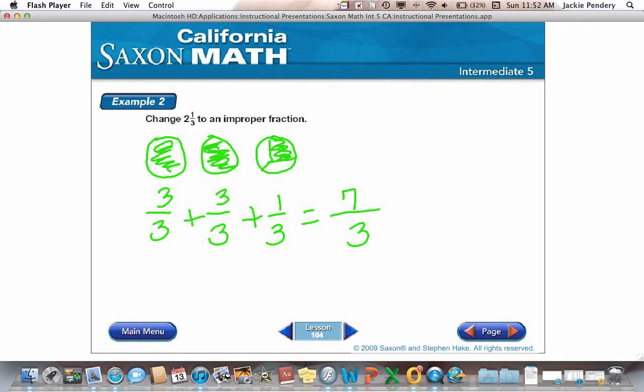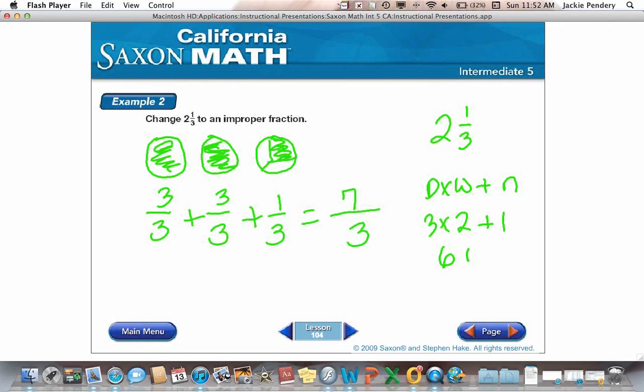But now let's look quickly at another way to do this. Let's say I have 2 and 1/3. I'm going to multiply my denominator times my whole number, and then I'm going to add my numerator. So that looks like 3 times 2 wholes gives me 6 wholes, plus my 1/3 left.